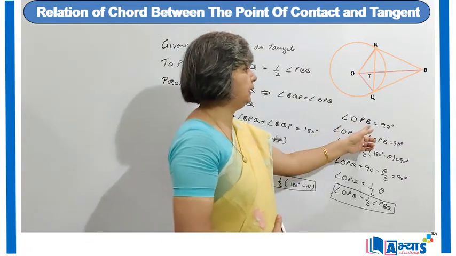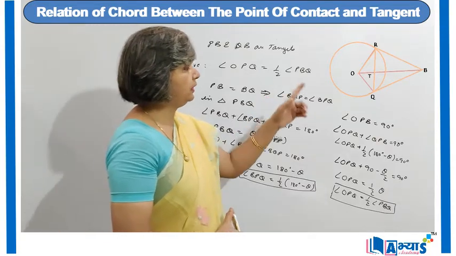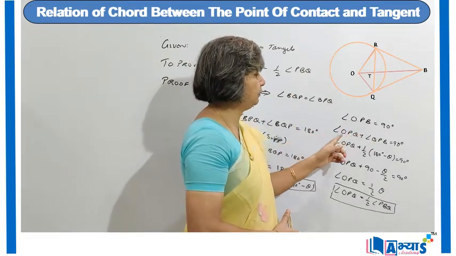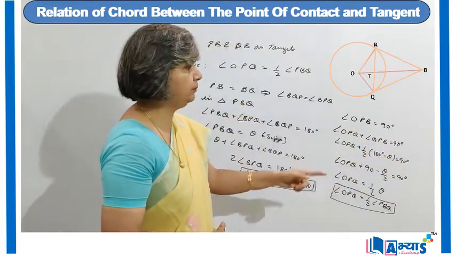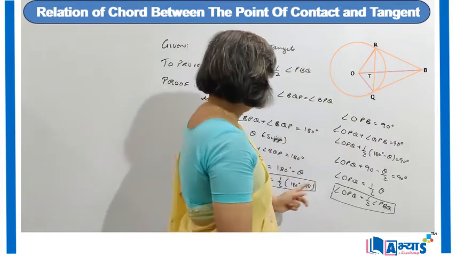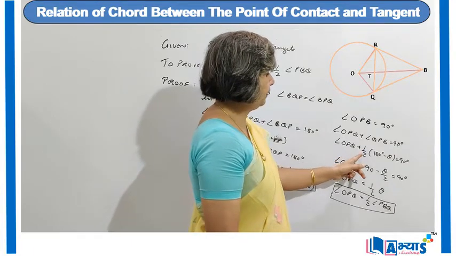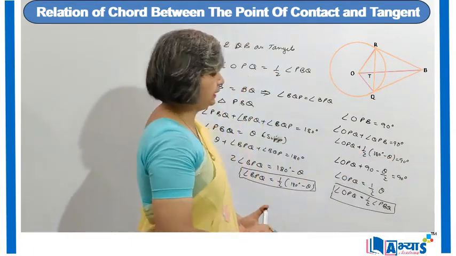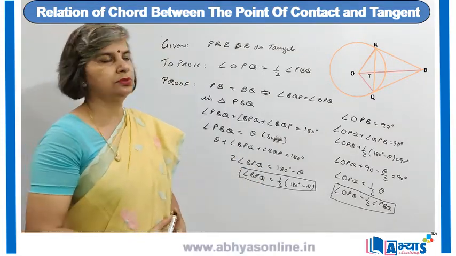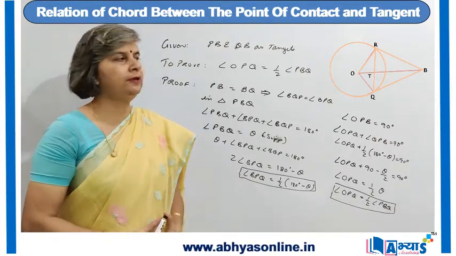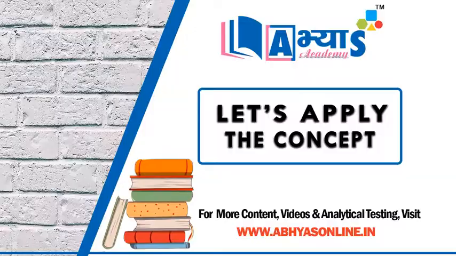So as PB is the tangent and OP is the radius, angle OPB is equal to 90 degrees. Now from the figure we can say that angle OPB is the sum of angle OPQ plus QPB. And we know that BPQ is half of 180 minus theta, so angle OPQ plus half of 180 minus theta is 90, and on solving I get angle OPQ is half of angle PBQ. So this is the relation between the tangent, the angle between the tangents, and the angle the chord makes with the radius.